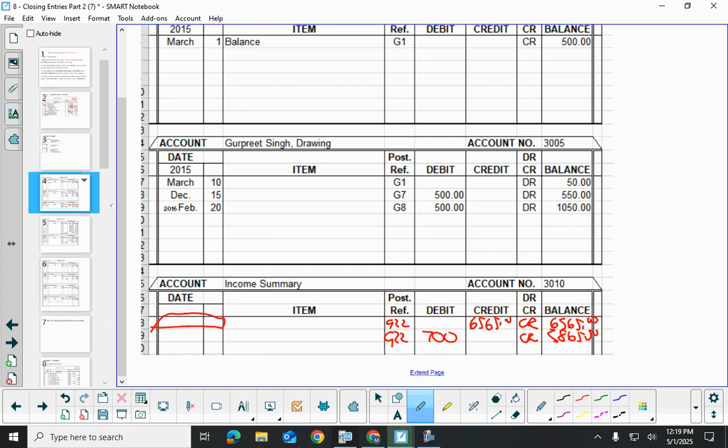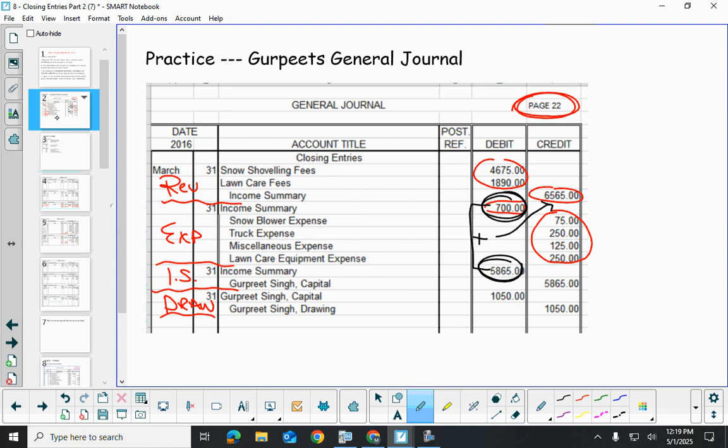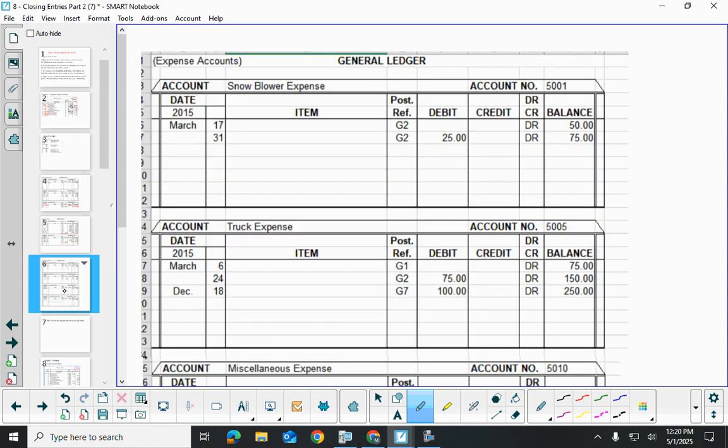Okay. And then the other part of the transaction was all the expenses got credited. And again, I'm doing that to make them equal 0. So all of my expenses, so here's my expense ledgers, all of them are going to get credited.